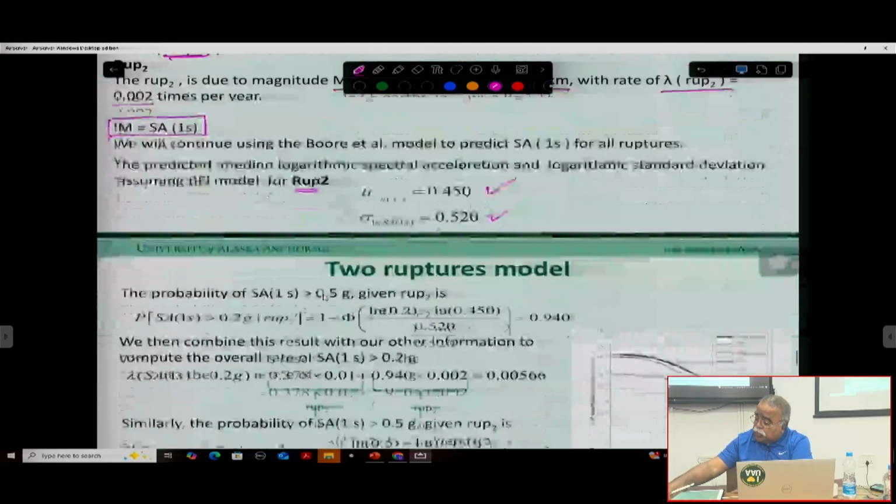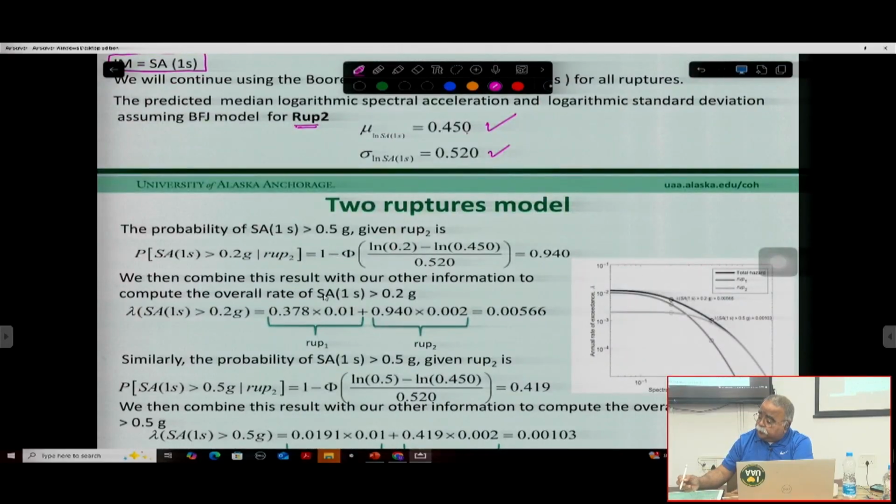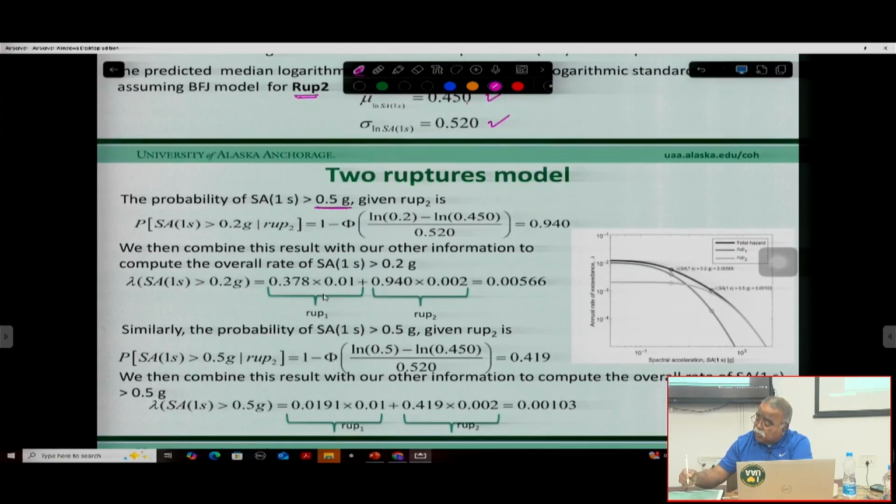If it is a two-rupture model, let's do the rupture 2 part, because rupture 1 we have already calculated. For rupture 2, the spectral acceleration will exceed 0.5 g. Okay, the first one is 0.2 g.